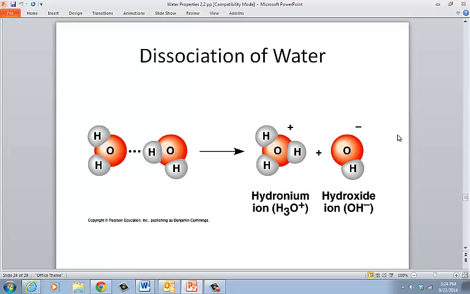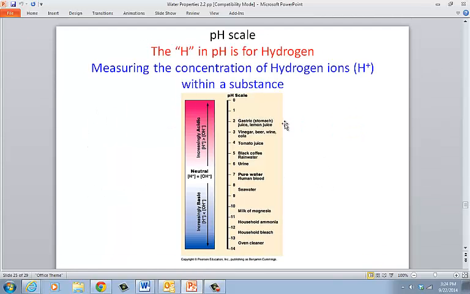Now a proton actually is not the hydronium ion, it's the H plus ion, so it's going to split apart that way. So here looking at the pH scale, the H in the pH is for hydrogen. And what we're doing in this pH scale is measuring the concentration of how many of these hydrogen ions are in a substance.